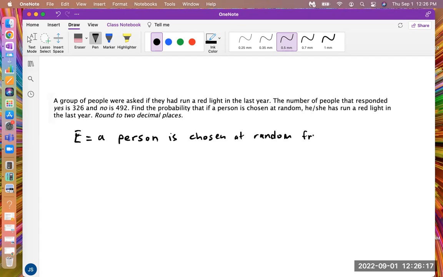It's from the people asked, right? So they are obviously doing a study. They said a group of people were asked if they had run a red light or not. So from the people asked, a person is chosen at random from the people asked, and they ran a red light.